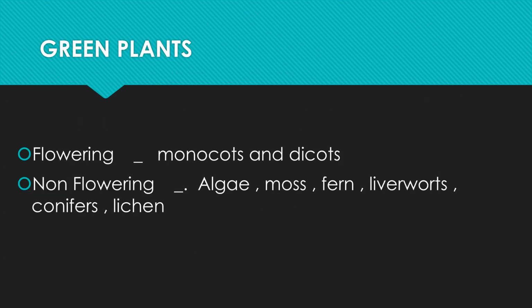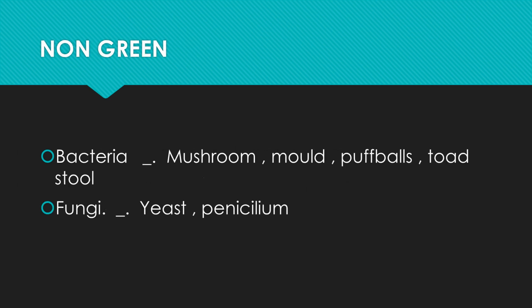Pupils, we move to green plants. Flowering. Examples of flowering, we have monocots and dicots. Non-flowering, we have algae, moss, fern, liverworts, conifers, and lichen.